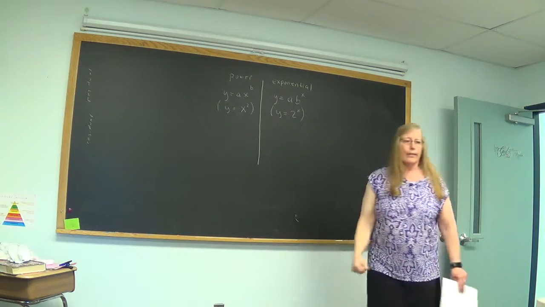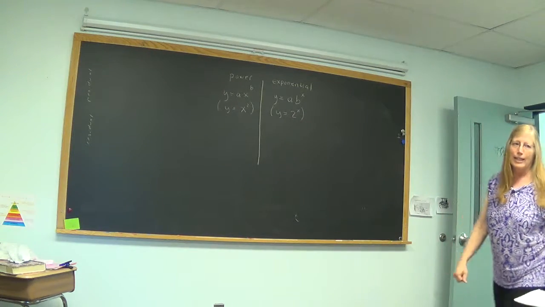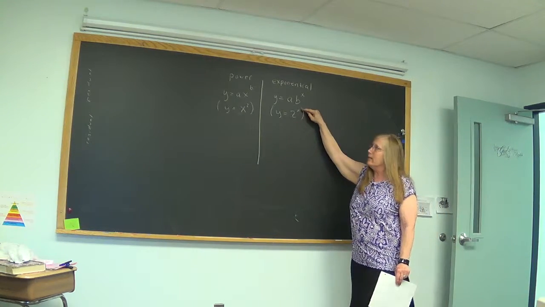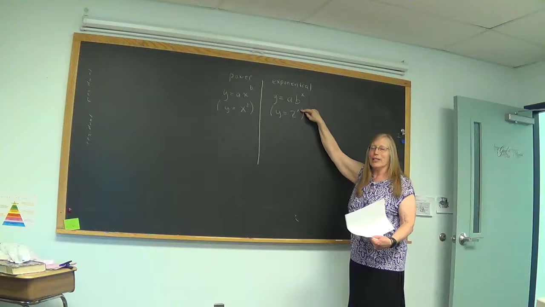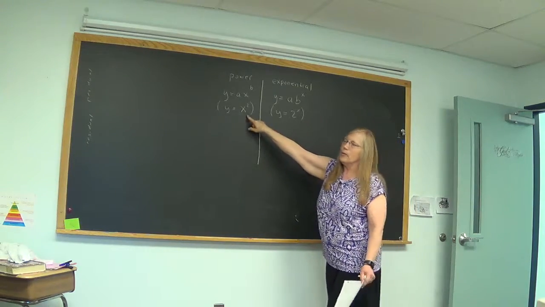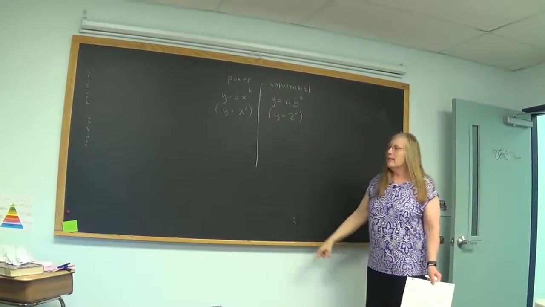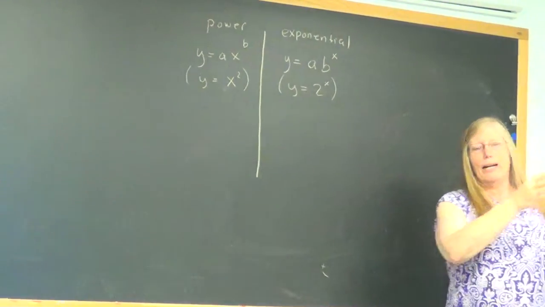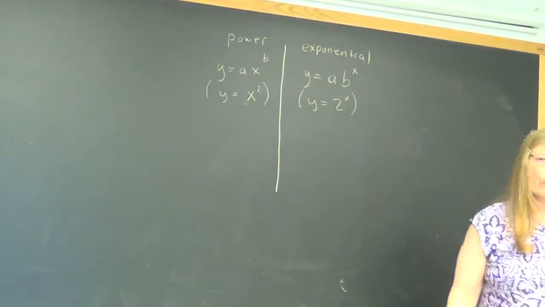Do you remember graphing those in our good old pre-calc days? Yes. This is called an exponential because the variable was in the exponent. So this one will go up quicker. They both stay the same for a while, and then this one goes shooting up a little quicker.